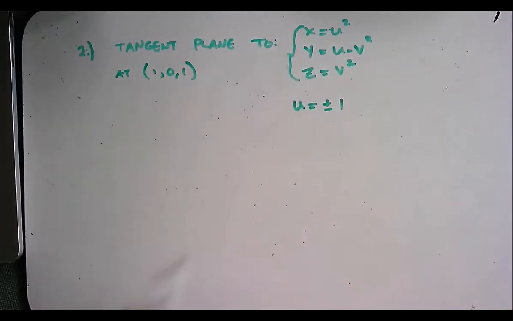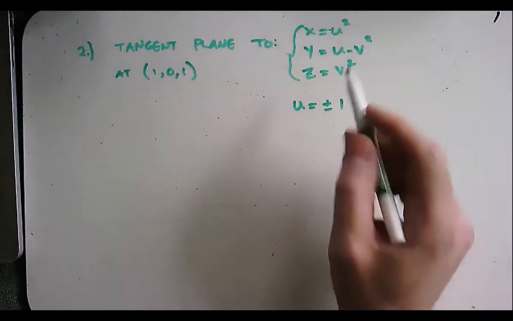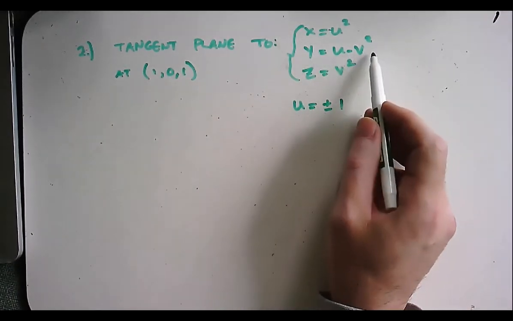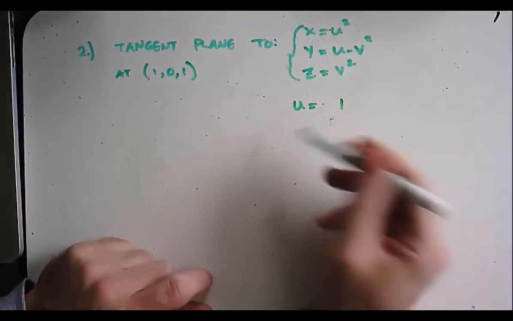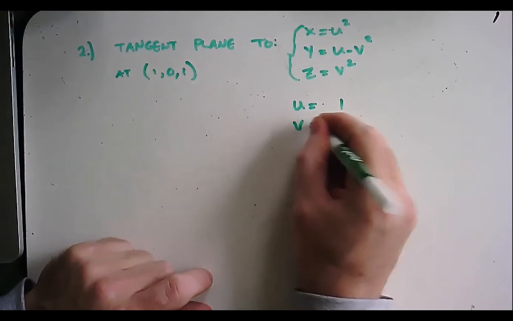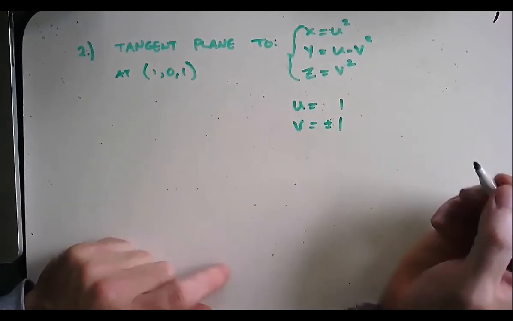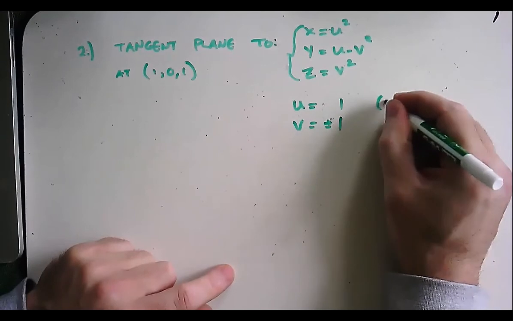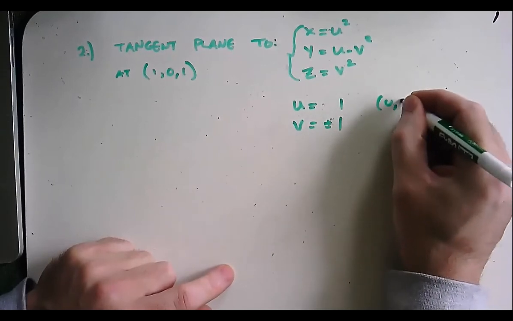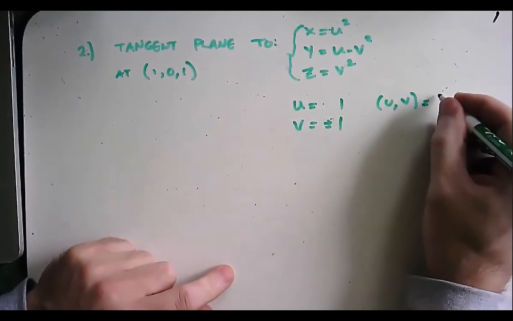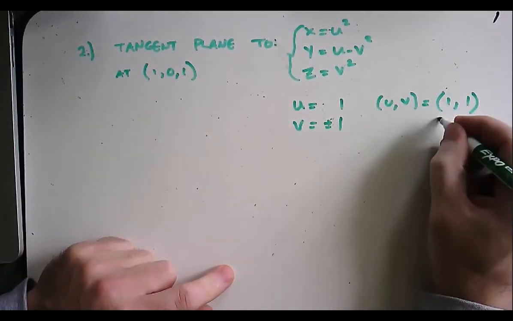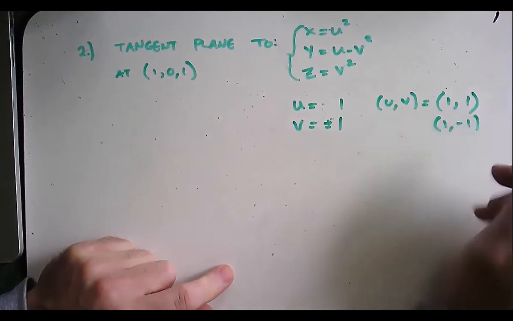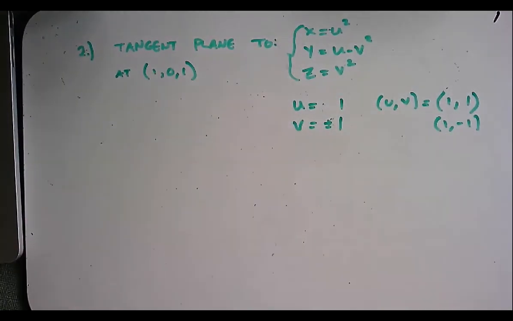So we actually get more than one possibility for u and v here. However, our equation for y needs to equal 0, so we can exclude the possibility that u equals -1. We have u equals 1, and v could equal either positive or negative 1. So really we have two ordered pairs here: (u, v) equals (1, 1) and also (1, -1). And we'll come back to that a little bit later.